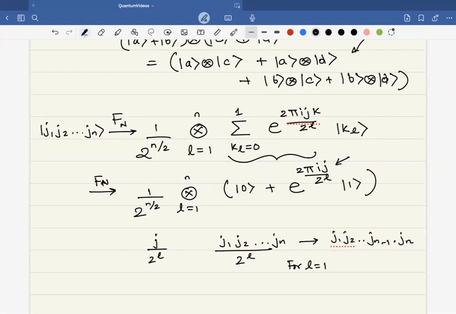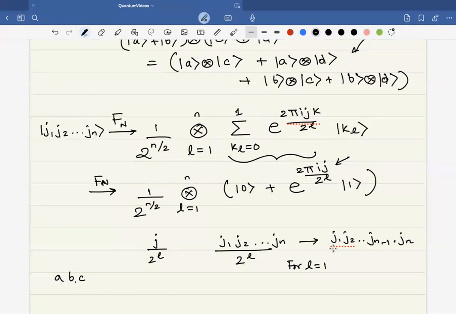Right? Just like when you divide by 10, you move the decimal point. Suppose I have a number A, B, C in the decimal representation. If I divide it by 10, it will become A, B dot C. Now we are in the binary representation, so I'll get this.